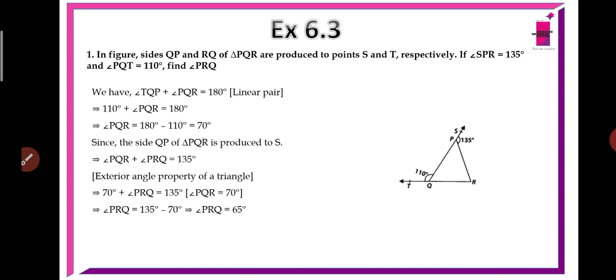We got the Q value, that is angle PQR as 70. So angle PRQ you will get by subtracting 135 minus 70. 70 plus PRQ equals 135 degrees, since angle PQR equals 70 degrees. Therefore, angle PRQ equals 135 minus 70, that is 65 degrees.